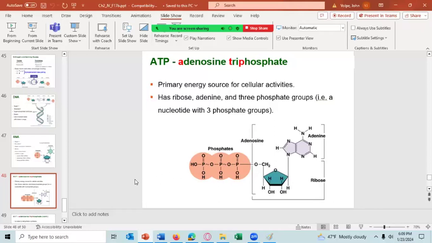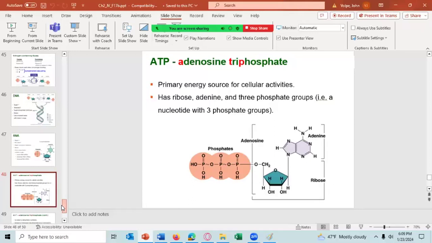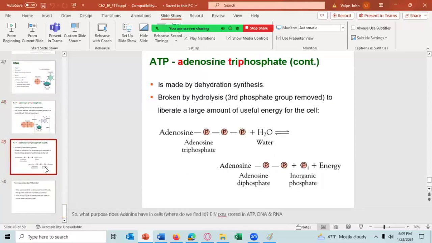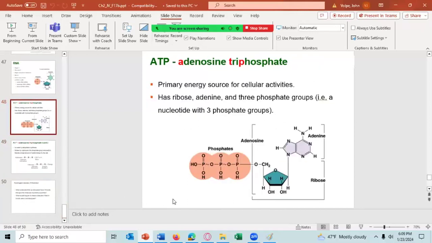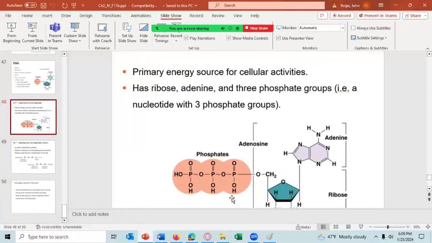ATP has a high energy bond between the third and the second phosphates, so this chemical bond right here is a high energy bond. And that's why it's shown by the squiggly line.